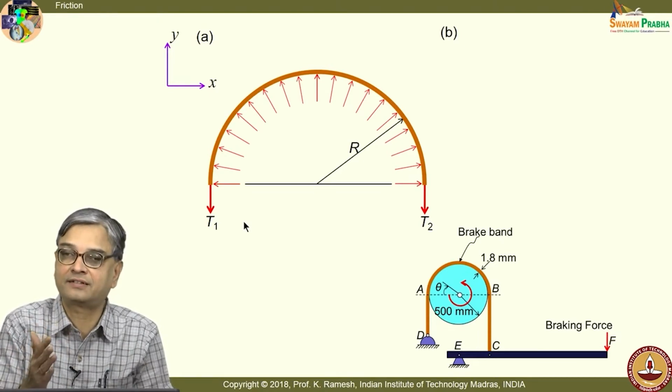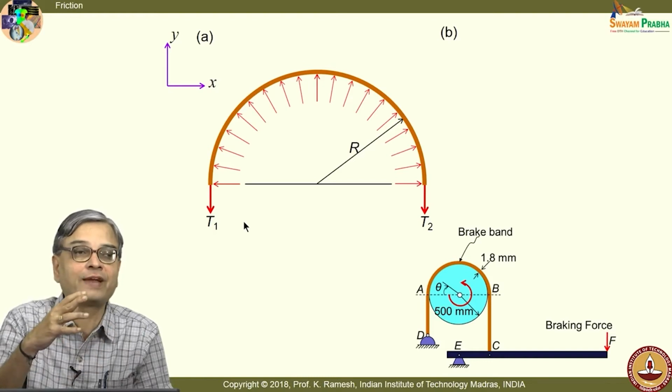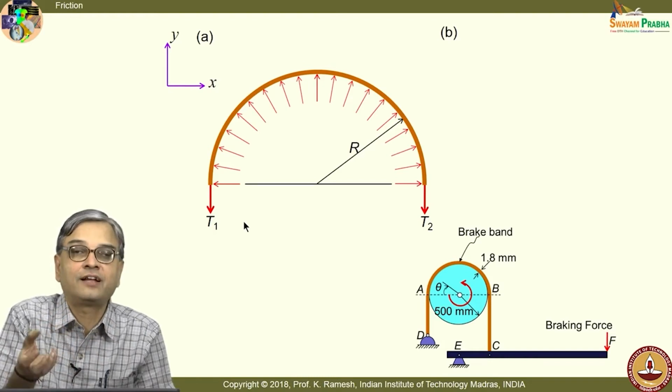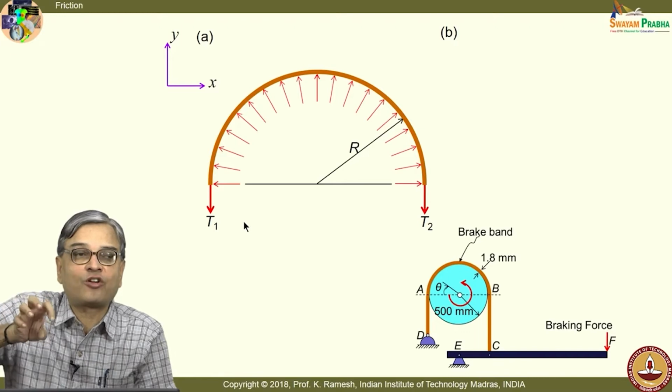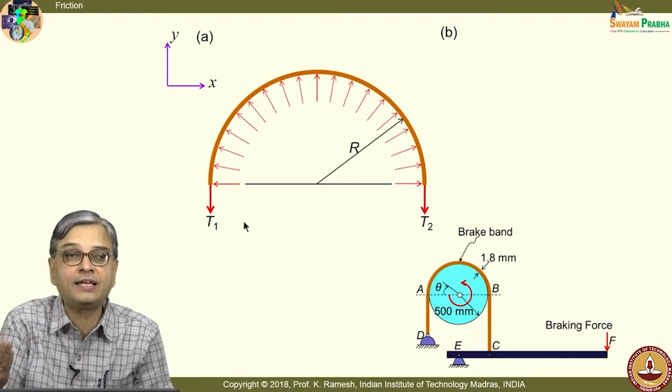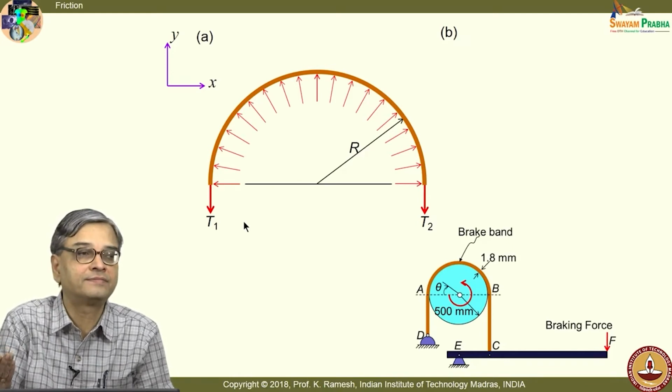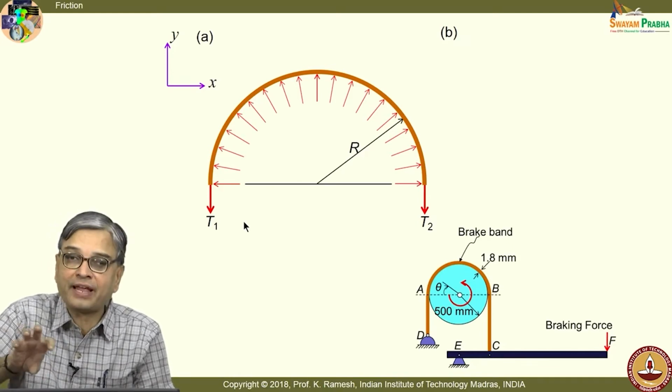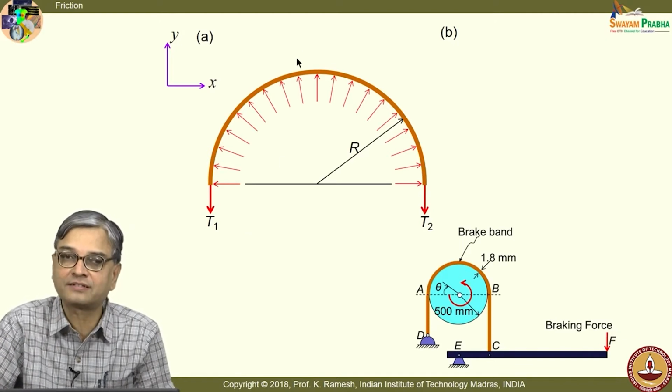Please understand that. The band is preventing the flywheel from rotating. The flywheel is rotating anti-clockwise. So, what is the direction of friction acting on the brake band? The drum is applying. So, it is anti-clockwise.